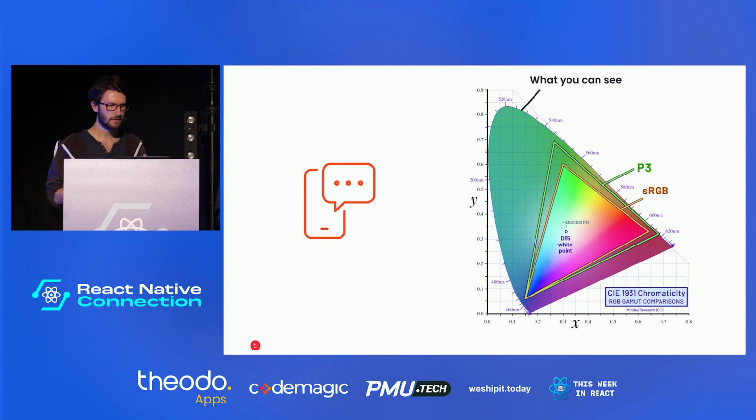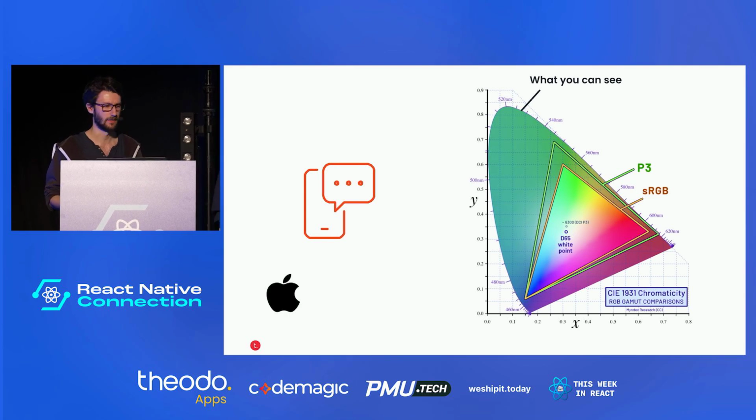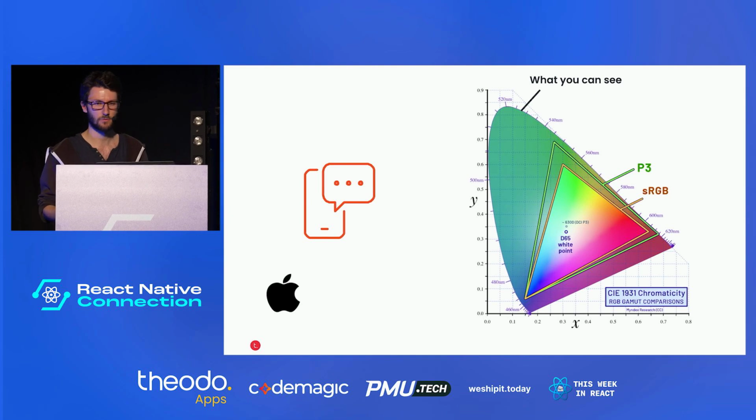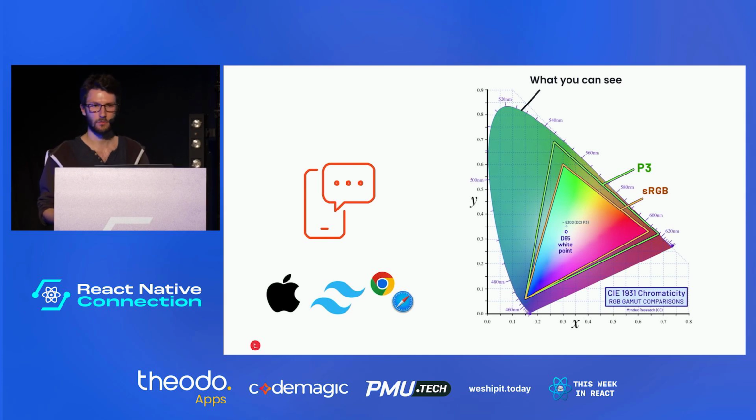But there's a new standard, the P3 standard. And on all the iPhones since the iPhone 7, the screen is able to display P3 colors. But we can't display those colors in React Native. And there's more and more APIs that can give you access to those colors. For example, in Tailwind, in modern browsers like Google Chrome and Safari, and even in our archenemy, Flutter.